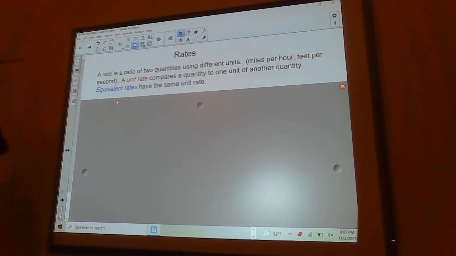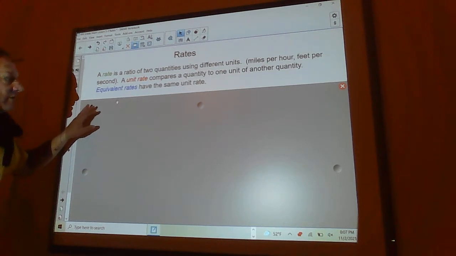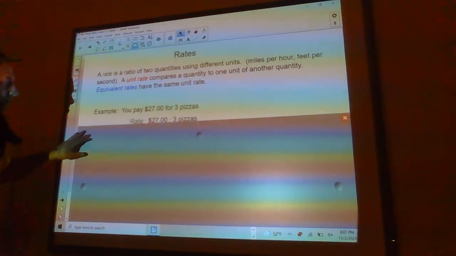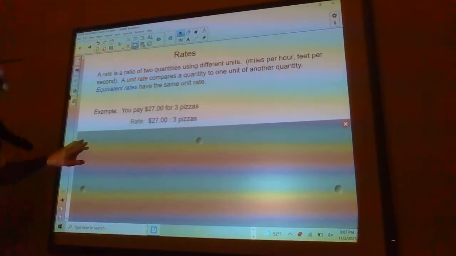A unit rate compares a quantity to one unit of another quantity. Okay, so basically what you do is you reduce it down so that the denominator is 1, and that's a unit rate. And then equivalent rates have the same unit rate. Okay, so for example, you pay $27 for 3 pizzas.